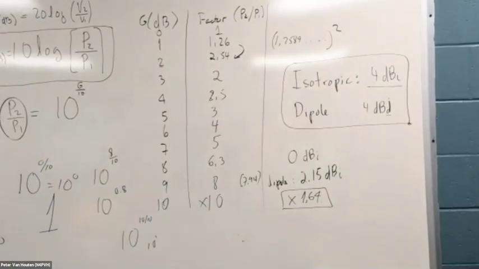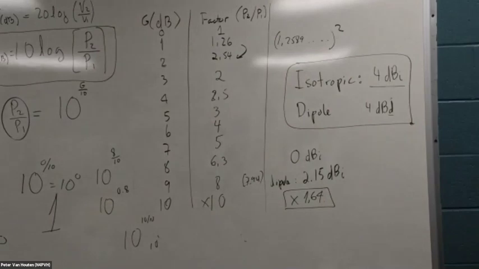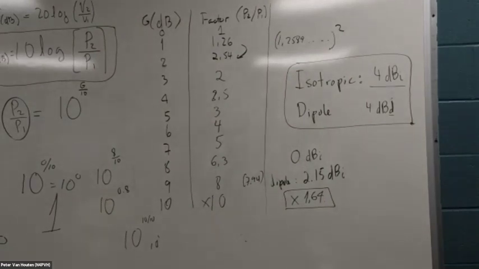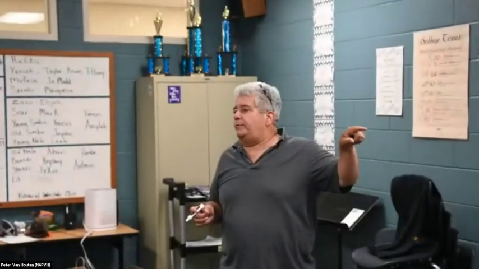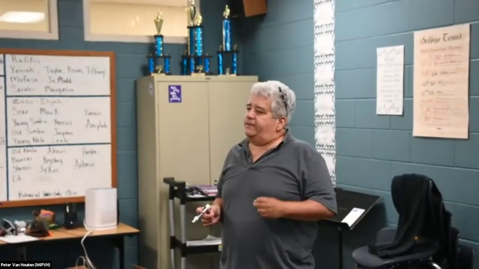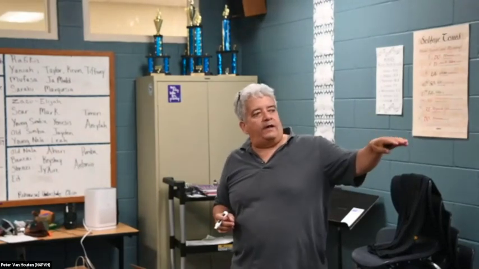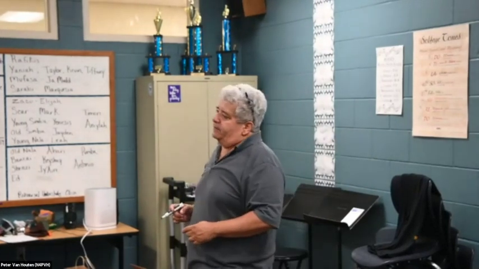In other words, let's say that I am transmitting with a theoretical isotropic antenna, and I also have a transmitter with 1 watt into a dipole. To put the same amount of signal at a certain distance, I'm going to need 1.64 times the power that I'm using with a dipole to produce the same with a lower gain antenna like the isotropic antenna.